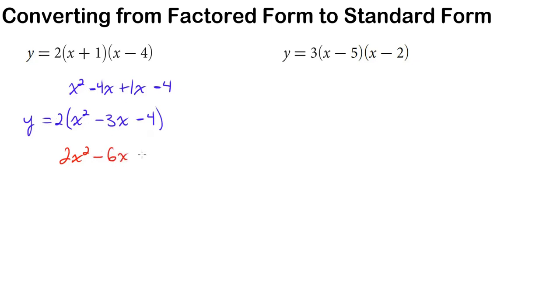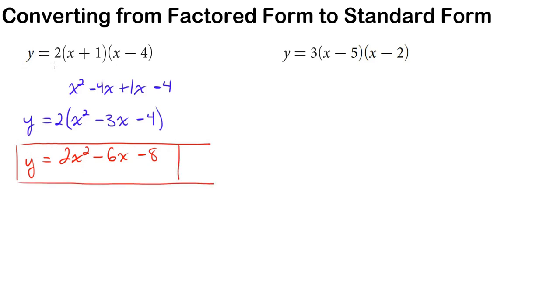And 2 times -4, that's -8. So here we have converted this quadratic function from factored form, y equals 2 times x plus 1 times x minus 4, into standard form, y equals 2x squared minus 6x minus 8.